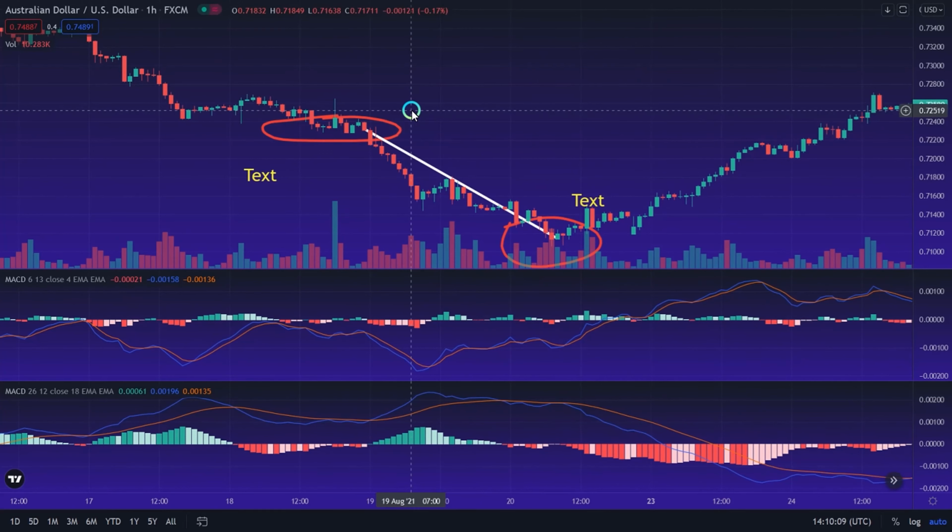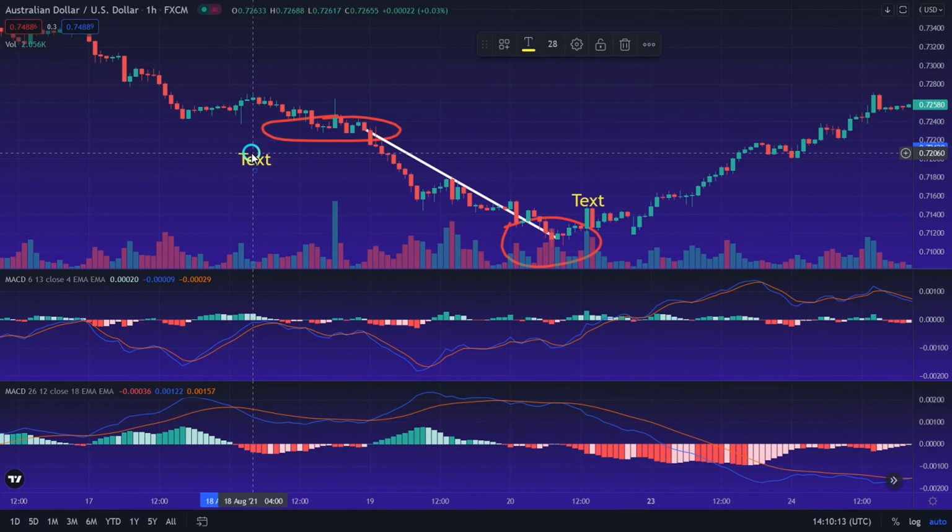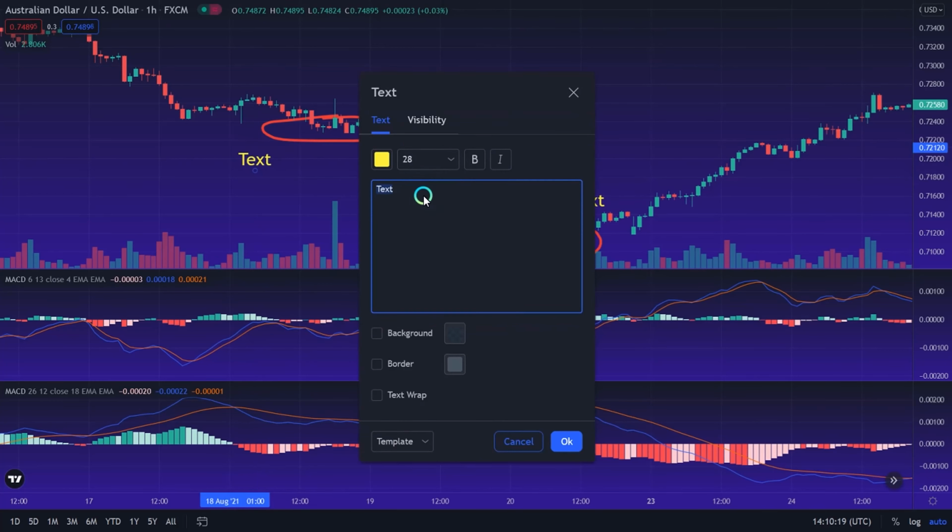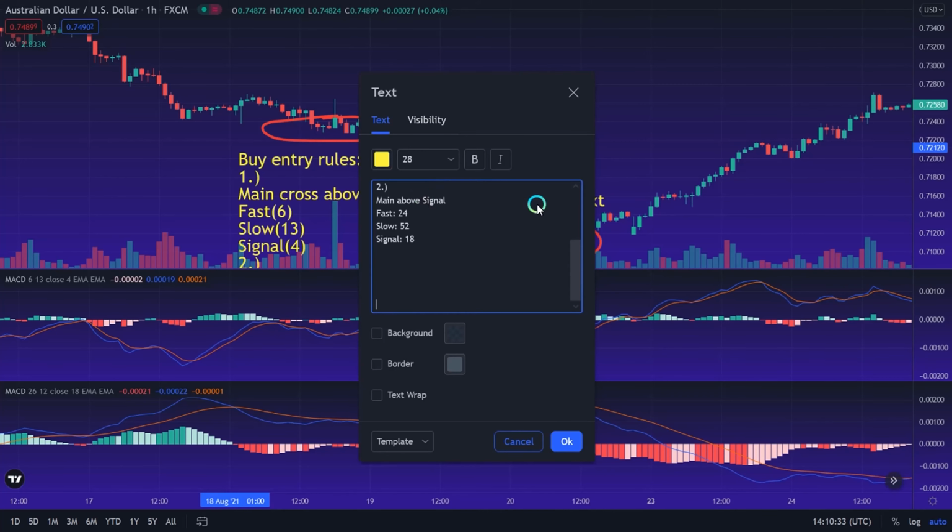So let's see the sell strategy. This is pretty simple. If you already learned the strategy for the buy trades, the sell trades are nothing more complex. Basically, we have the same. Oh, I can just do this.